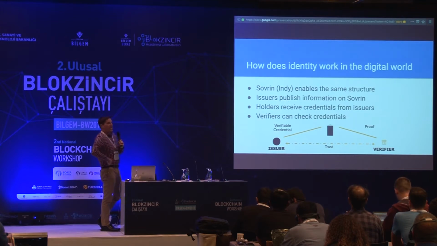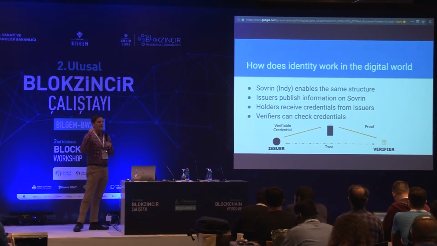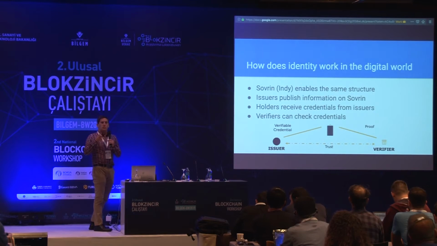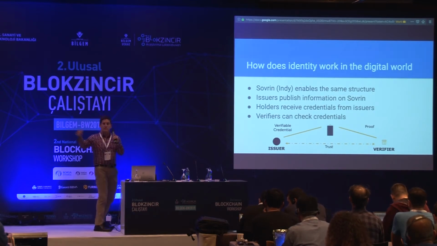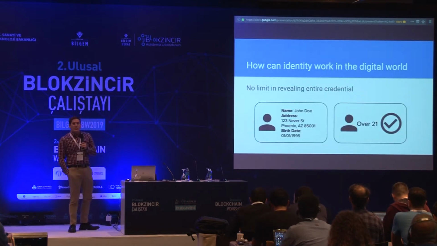With Sovereign and Indy, what you're going to be seeing is it enables all of this to happen. We're going to be writing stuff to the Sovereign ledger, or a demo ledger, and then as a holder, they'll be reading information off of there, and same with the verifier, and there's going to be some interaction between them. And then eventually, we're going to realize we don't have to show absolutely everything.